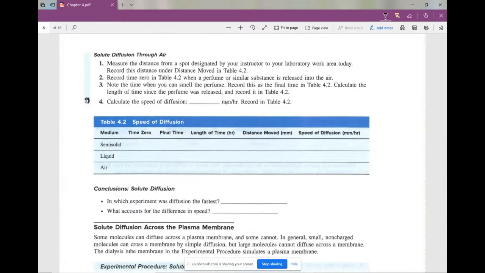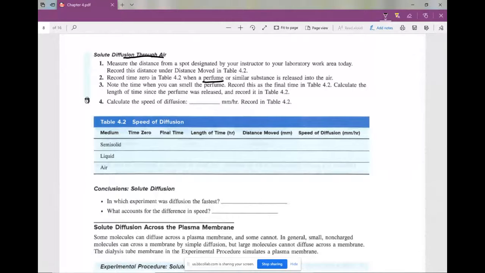And then we would have compared that to diffusion through air. Here's the problem: for diffusion through air, we would be using a perfume, which is not potassium permanganate. So we're introducing another variable, which reduces the value of our experiment. And also, we're not controlling for other variables, like how much air movement there is in the room, and every time somebody breathes, there's an air current being created, or somebody moves around the room, another air current is created.